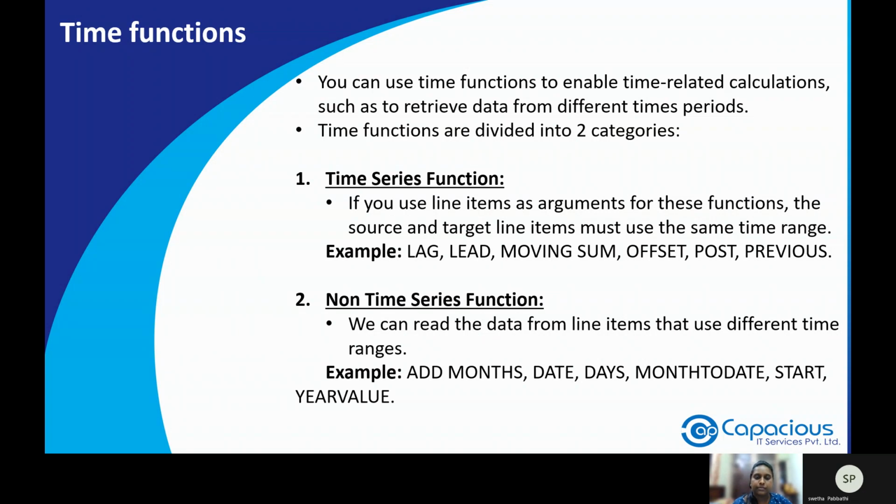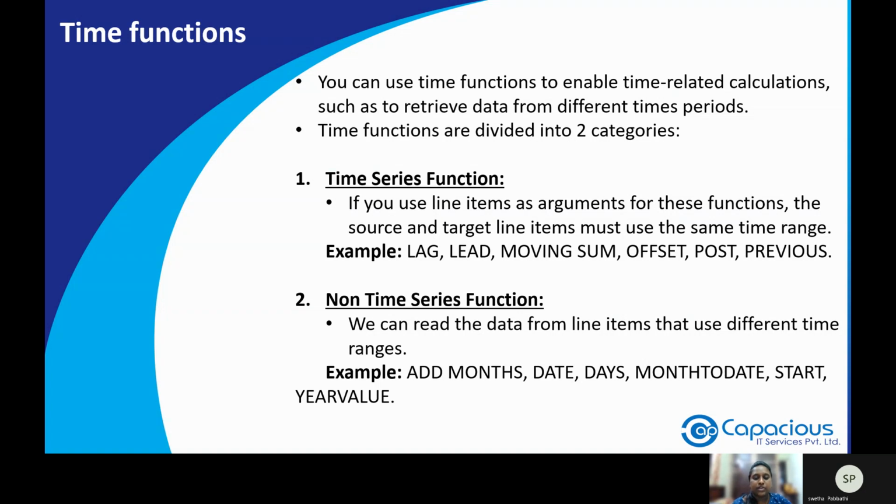So here are examples that we have used for the time series functions: lag, lead, moving sum, offset, post, previous, sum, and lookup. There are many more examples for time series. But as of now, I will use sum and lookup to show how it is going to work. And time series functions are just to read the data from the line item that uses different time ranges.